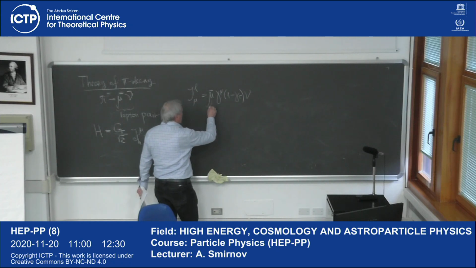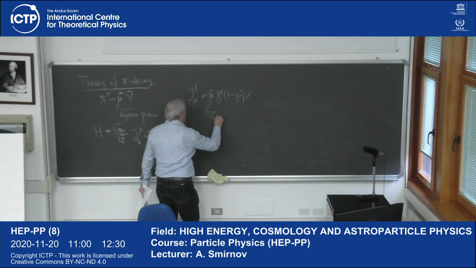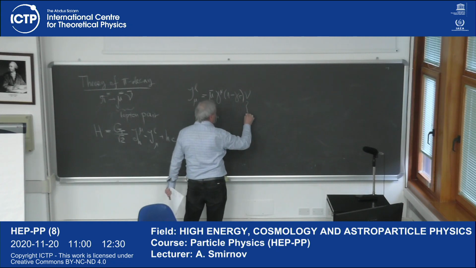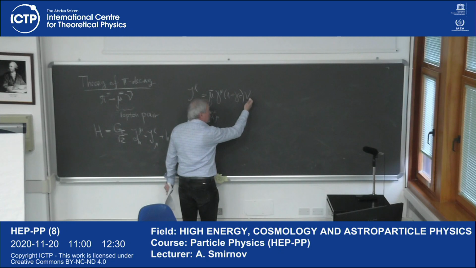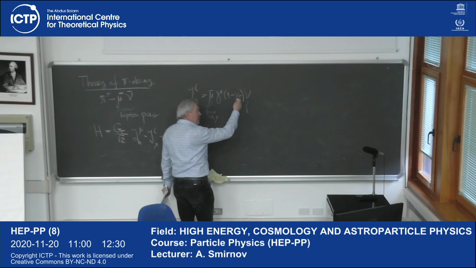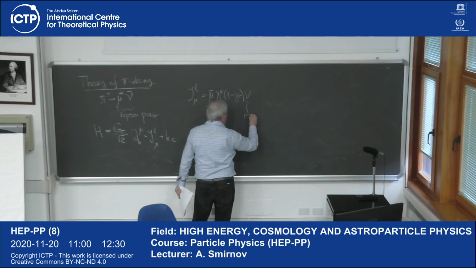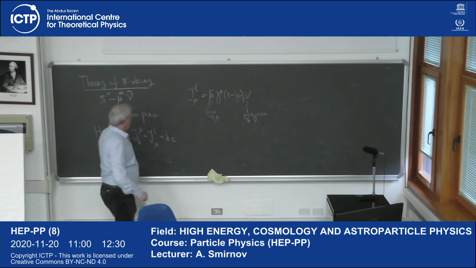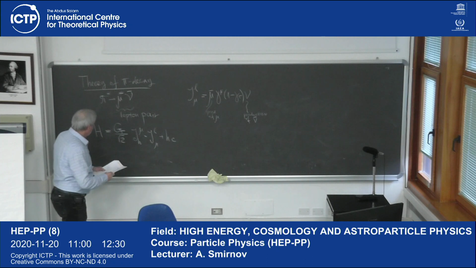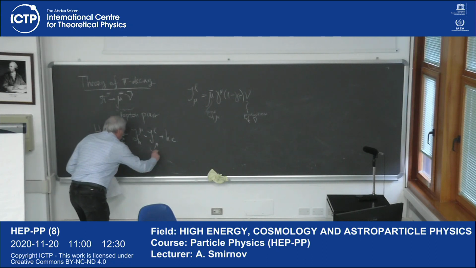So it describes production of muon. And this is production of antineutrino. It describes annihilation of neutrino or production of antineutrino. Okay? So, this is the leptonic current.